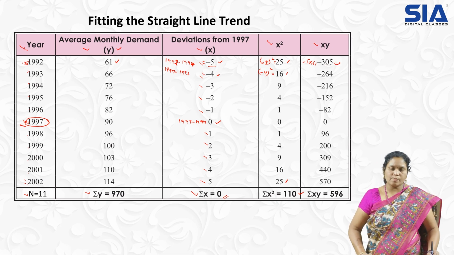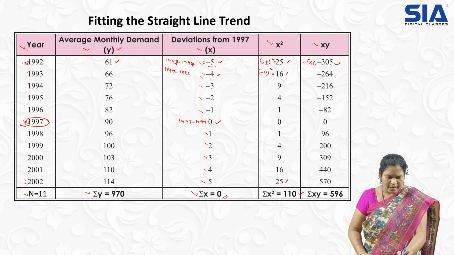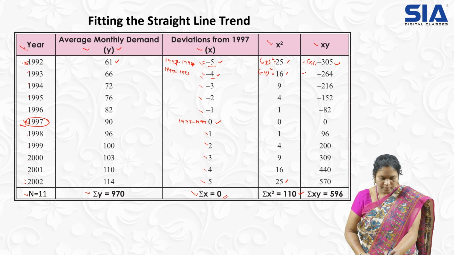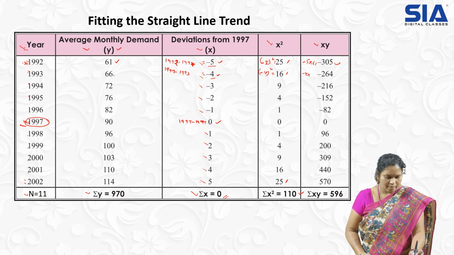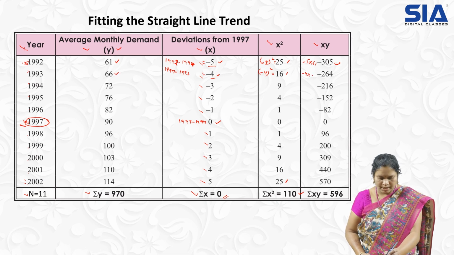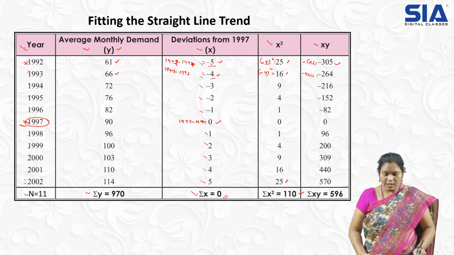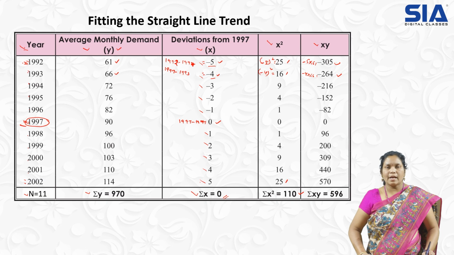So all x values multiply with y values. Let us check one more. X value I have minus 4. Minus 4 into y value I have 66. So minus 4 into 66 I have obtained as minus 264. So in that way, obtain all the values and then add up one to another and get its summations.